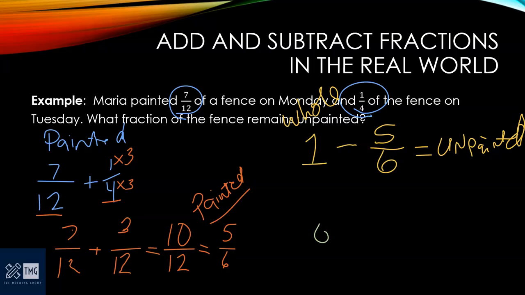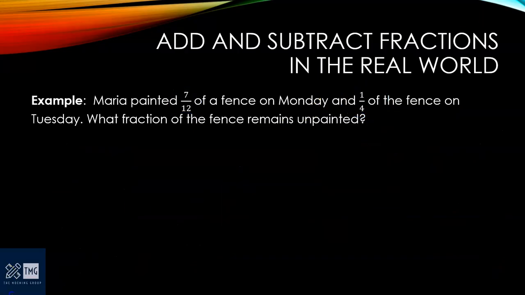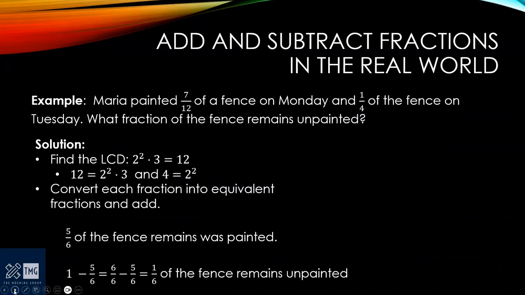I need a denominator of 6 in order to subtract. If I want it to be 1 whole, 6 over 6 is 1. And that means 1/6 of my fence remains unpainted. So that problem had a little bit of adding and subtracting, which isn't always the case, but in this case it is. So multiple steps, just got to figure out what they're asking.